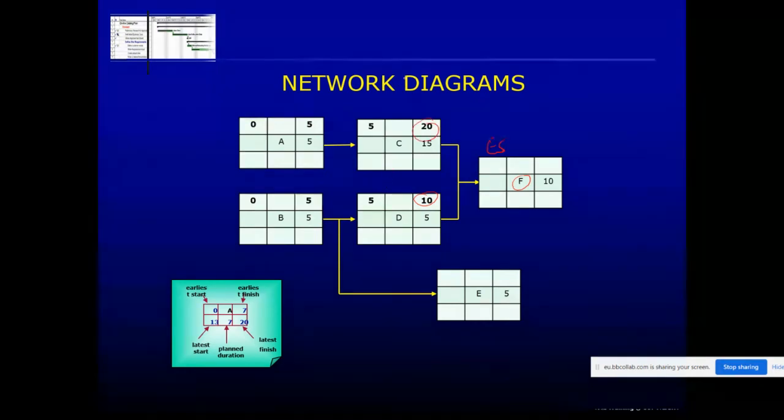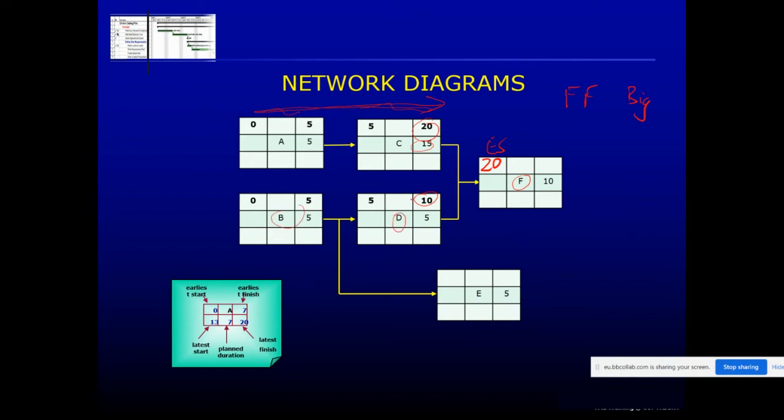Now, when you're doing a forward pass, you must always take the biggest value. So 20 or 10, the biggest value is 20. So you put 20 in there. Why? Because you've got to wait for 5 days here plus 15 days here, which makes a total of 20 days for A and C to be done.